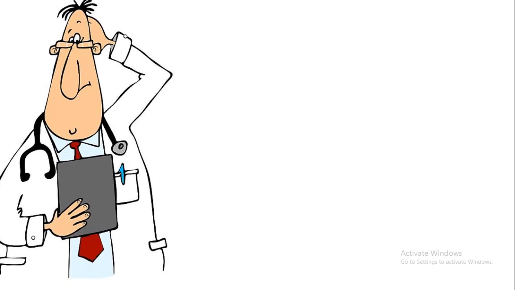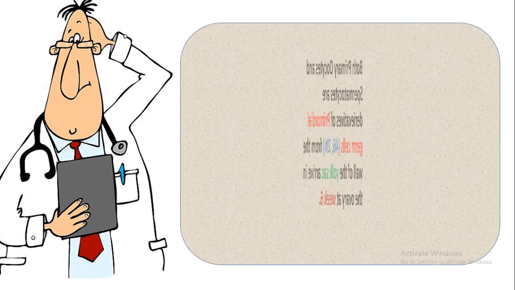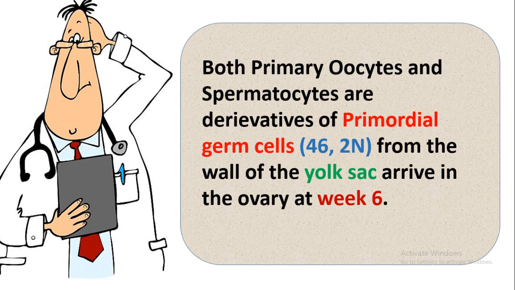So when you talk of primary oocyte and primary spermatocyte, they come from the primordial germ cells. The primordial germ cells are where these guys come from. And these primordial germ cells have a diploid number of what?